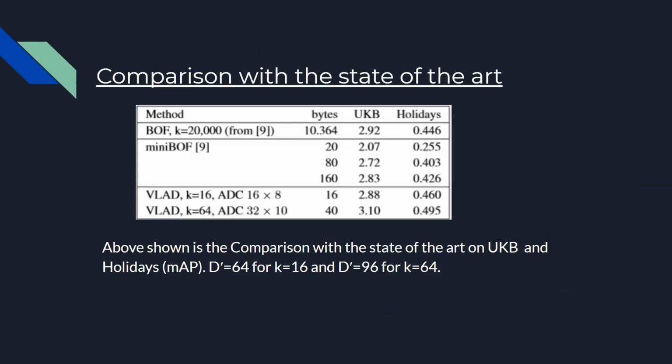Now, comparison with the state of the art. We have the table of different methods and their bytes, performed on the UKB and Holidays datasets. Above shown is the comparison with the state of the art on UKB and Holidays, measured by mean average precision. D' equal to 64 for k equal to 16 and d' equal to 96 for k equal to 64.